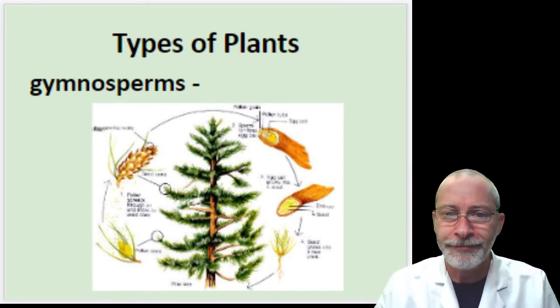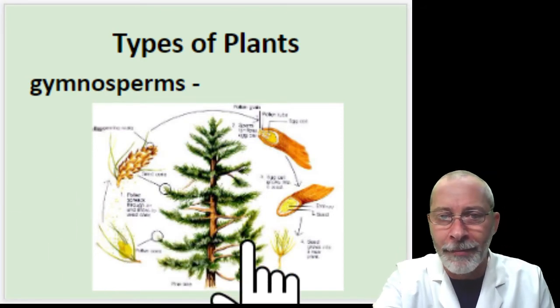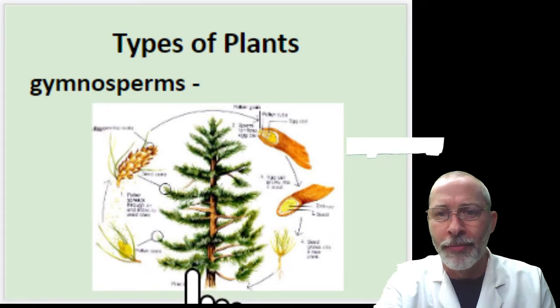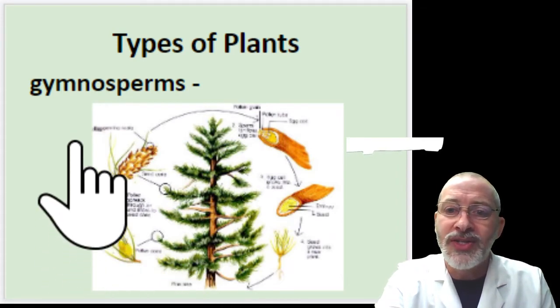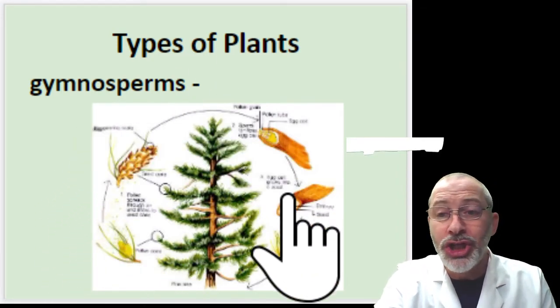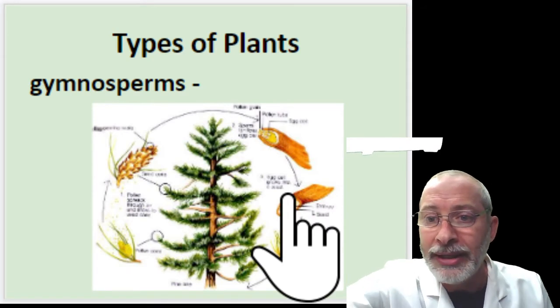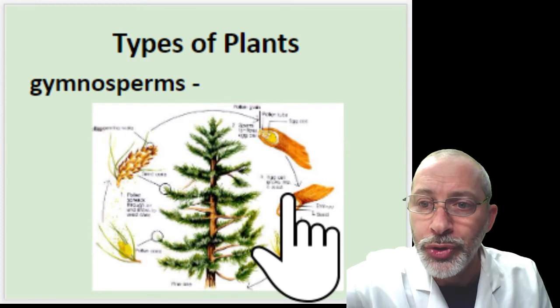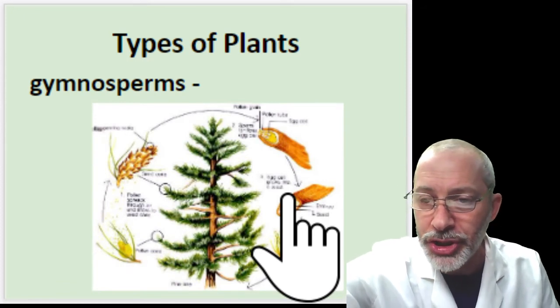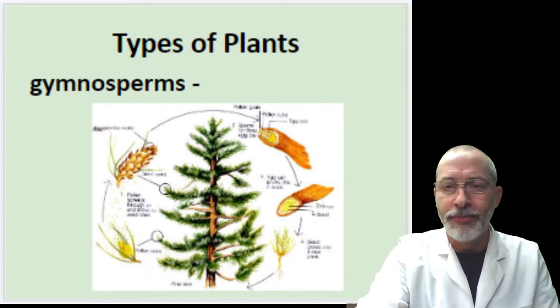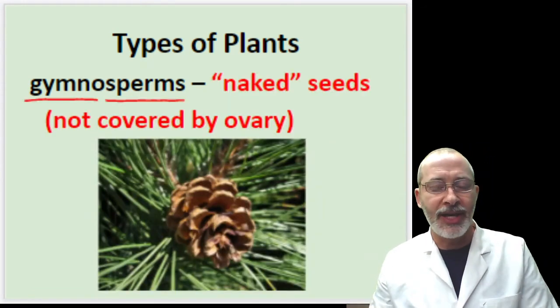Here's a diagram of a typical gymnosperm and how the seeds in a typical gymnosperm go through a cycle in order to produce the seeds and flourish and grow. So let's talk a little bit about gymnosperms in greater detail.